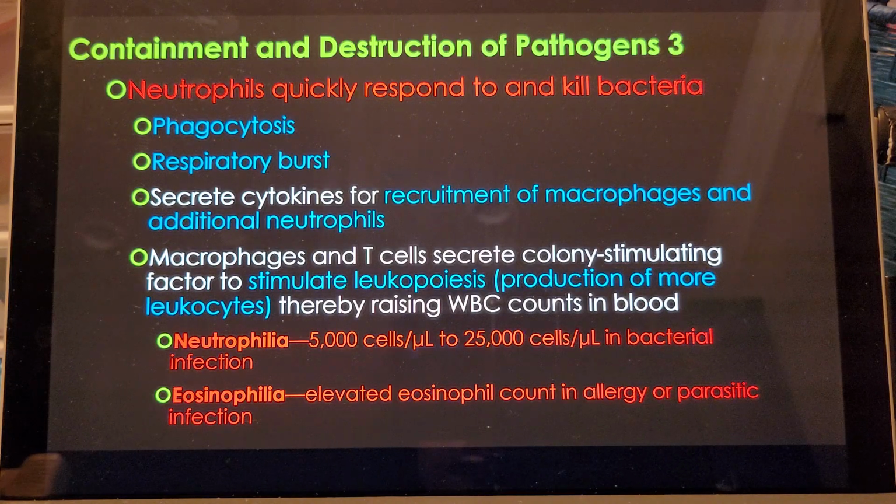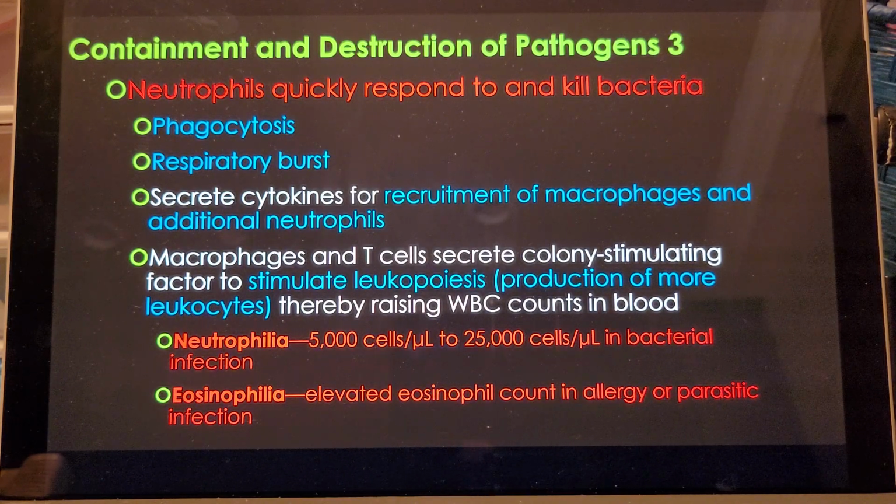What they're going to do when they get there: phagocytosis, so eat stuff; respiratory burst, so that's that cloud of chemicals, which will also kill it; and secrete cytokines to attract more macrophages and neutrophils to that area, which are then going to stimulate the production of more leukocytes so that you can have even more soldiers against the pathogens.